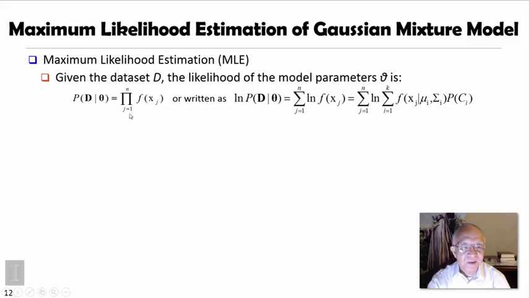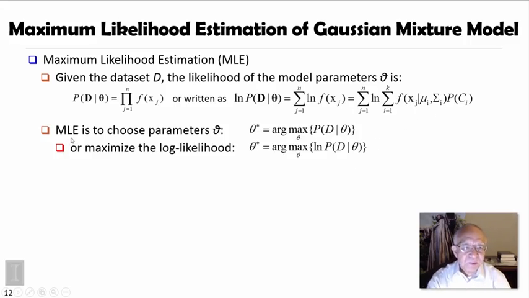Since we assume all these n points are independent, their probability is the product of the probability density functions of x sub j, multiplied together for all the n points. We get this. If we write this in log form, we take the log of this function, and the multiplication becomes a summation. So the computation can be more efficient. And for these f of x sub j, we can use the previous expression to substitute here.